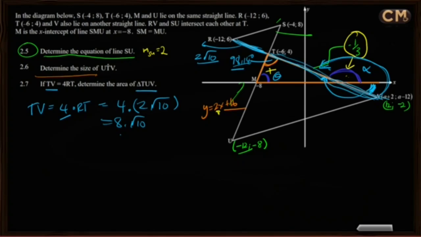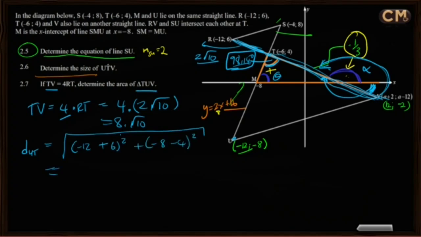So we have that angle over there, and all I'll need is this distance TU, and I'll use the area rule as stated on my formula sheet. So the length of UT is just going to equal 6 times the square root of 65 if I use the length formula.